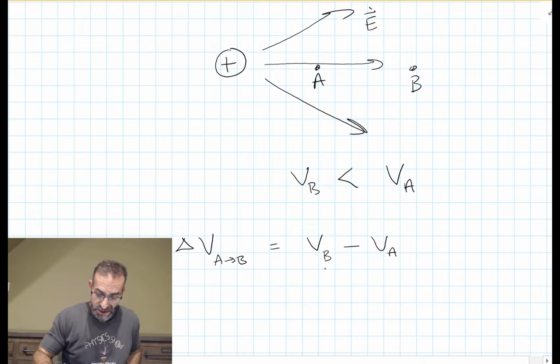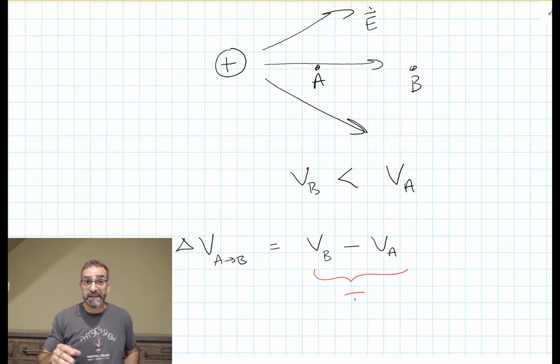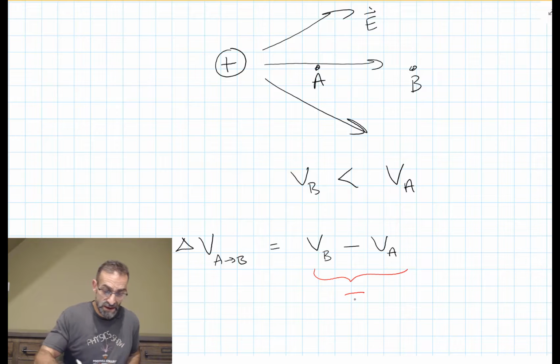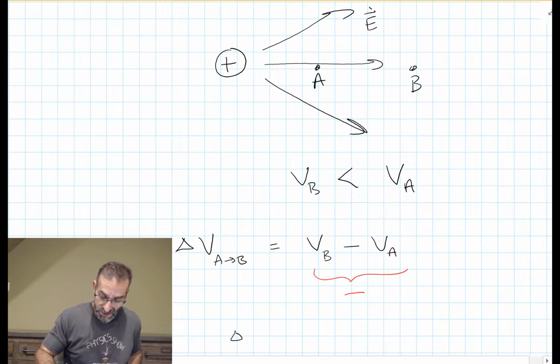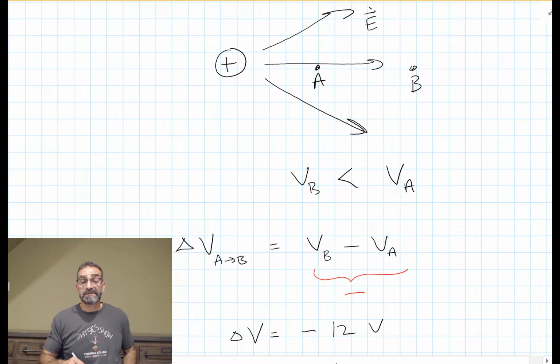Our potential at B is less than that of A, which means that this has to be negative. So if we're trying to find the potential difference as we move from A to B, our delta V would be negative 12 volts.